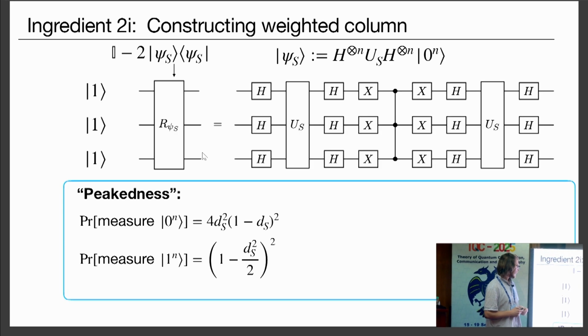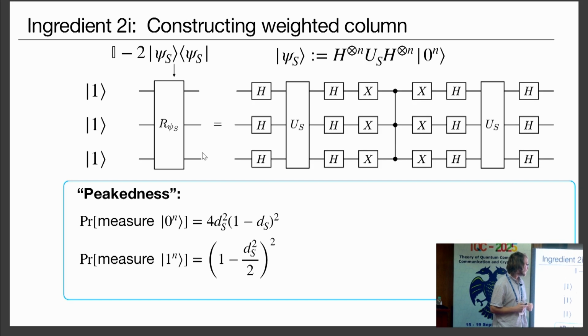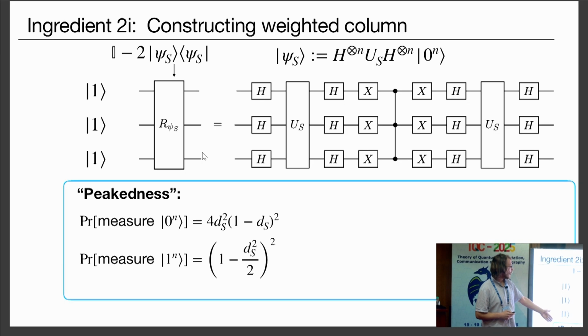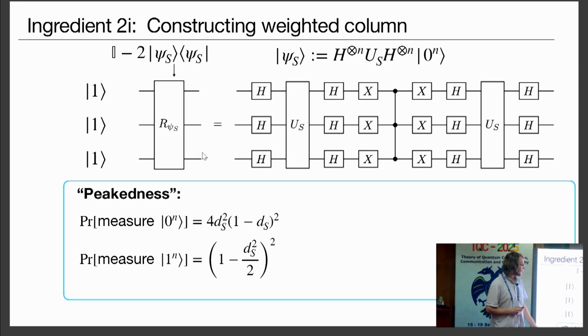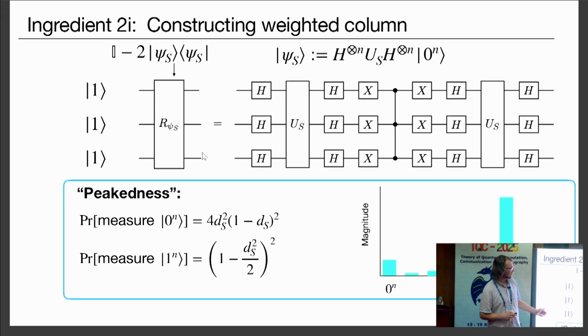It turns out that when you do this, if you work out the math, the probability that the resulting state measures all zeros is a quantity only depending on d_S, the density of the set S. And the probability that we measure all ones is something like 1 minus some polynomial in this density d_S. This exactly corresponds to what I showed you earlier, and d_S is chosen appropriately.